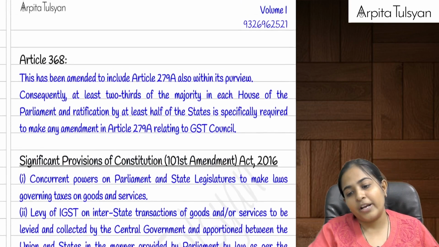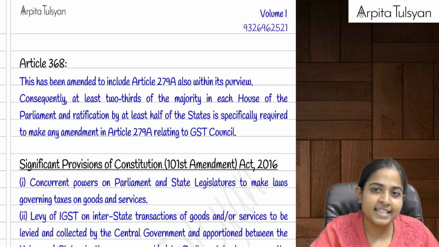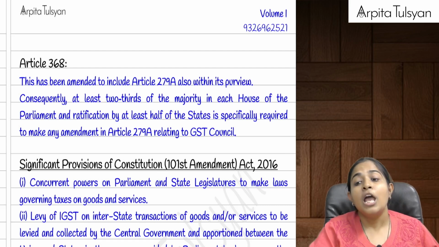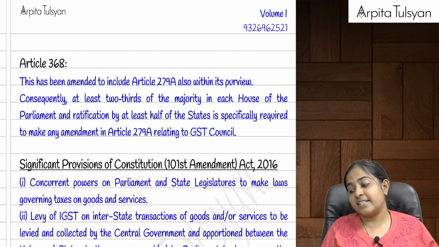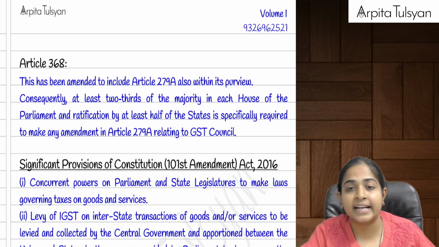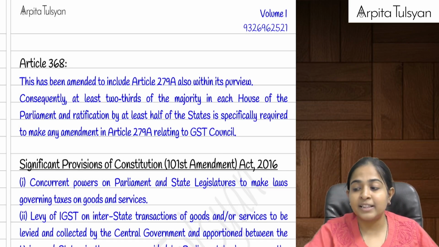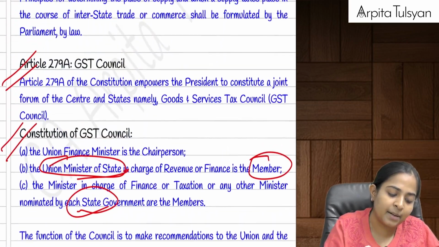Okay. Acha, now whatever we studied about the weighted average was for the decision taken by the GST Council. Can we do some changes in the GST Council? Can we do some changes in the chairperson or in the members of the GST Council, etc.? Yes, you can. But can we say this GST Council was formed because of Article 279?